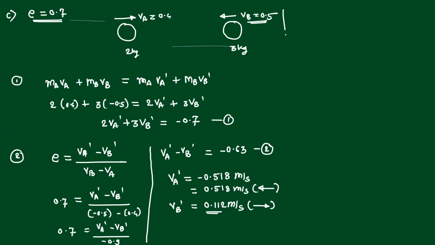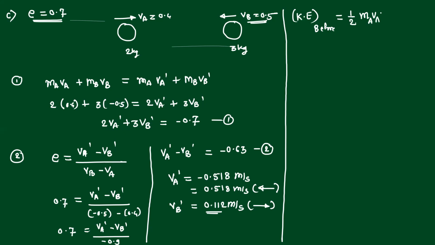Second part is we have to find out the loss of kinetic energy. So to find out loss of kinetic energy, first find out the kinetic energy before collision or before impact. So this is equal to 1 by 2 mass of A VA square plus 1 by 2 mass of B VB square. Okay.